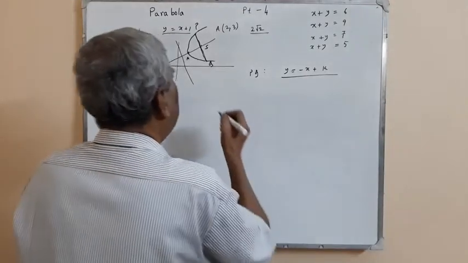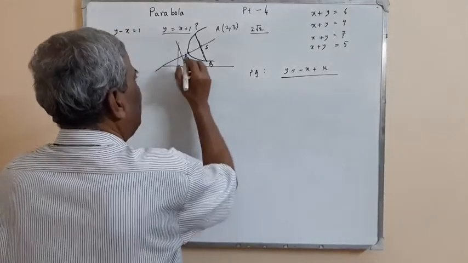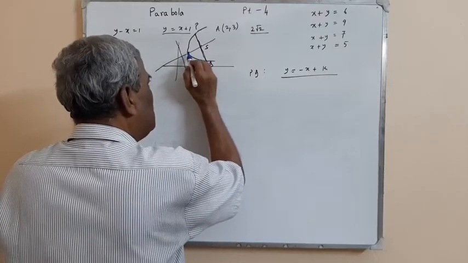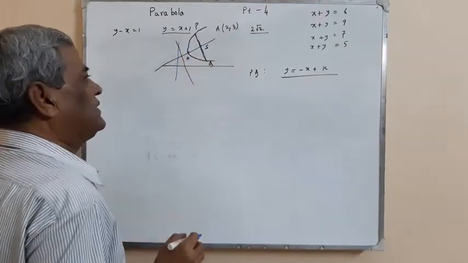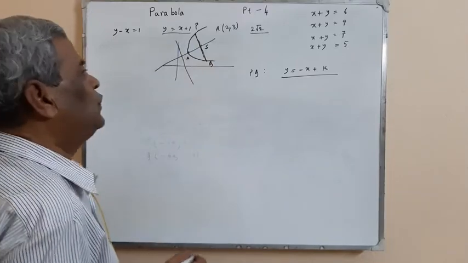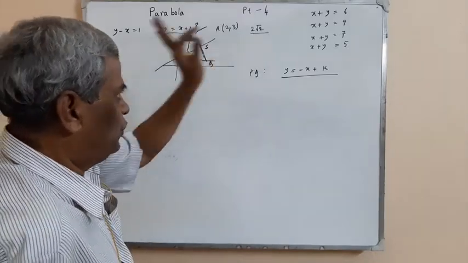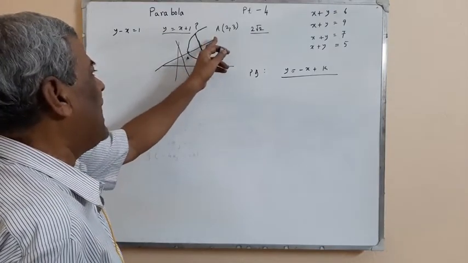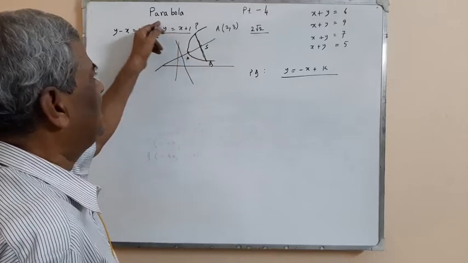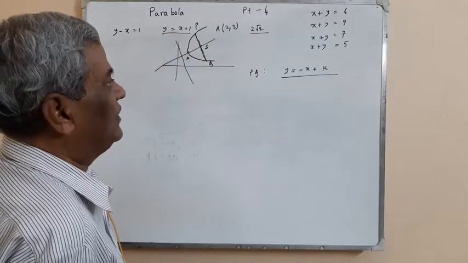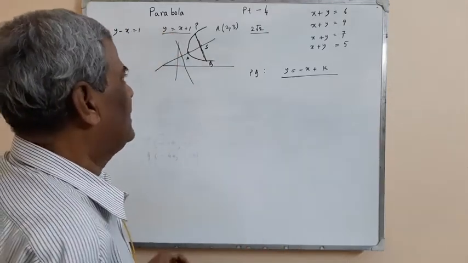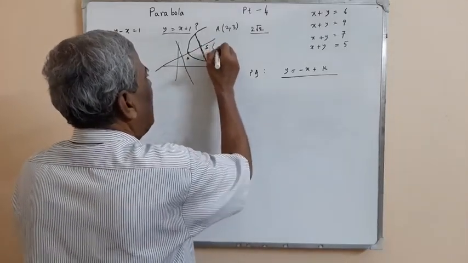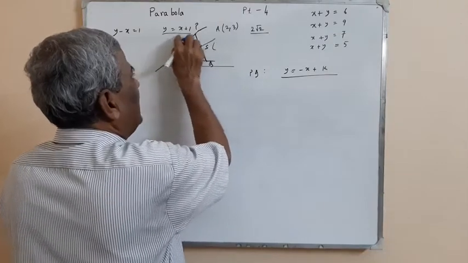Now it can be found from the fact that the length from vertex to directrix is equal to the length from vertex to focus, which is equal to 2√2. Now the equation of the axis is given as y is equal to x plus 1. Focus lies on it. So the coordinates of focus S can be taken as any point on that.